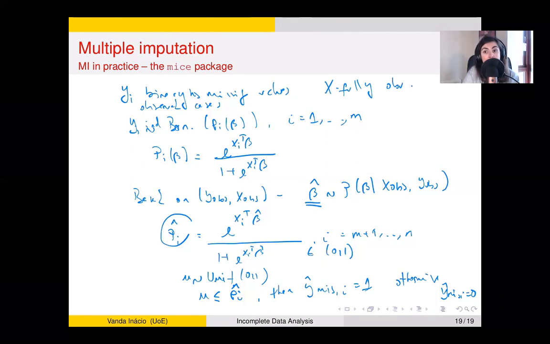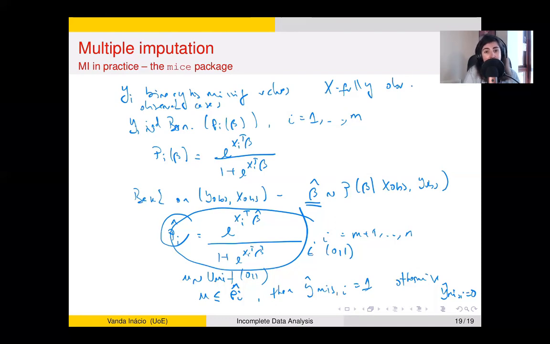So I can come up with the predicted probabilities for those with missing values. That's exactly what I have here. And I know that I want to impute a 0 or a 1, right? And I know that this predicted probability is a value between 0 and 1. So I can just easily generate a uniform random number. And if it falls below, it's a 1, and otherwise it's a 0, or the other way around. Okay. And this is just to give you an idea.